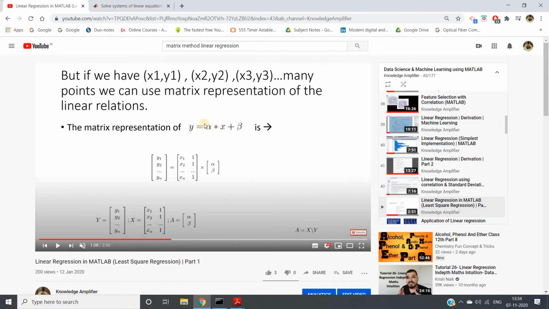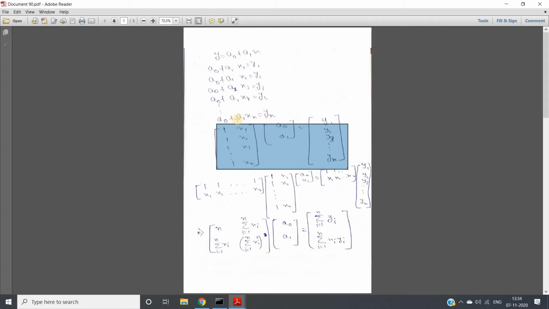Here I showed y equal to mx plus c, but for this derivation I have taken y equal to c plus mx. The only difference is that if you follow y equal to c plus mx, the first column will be all ones, but if you follow y equal to mx plus c, the second column will be all ones. That's the only difference. So we get this particular equation.